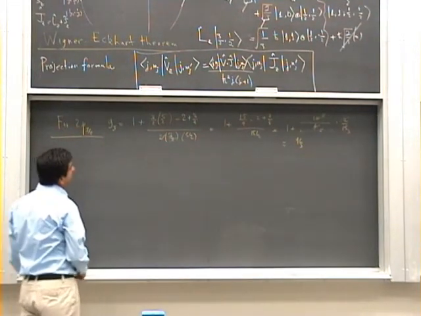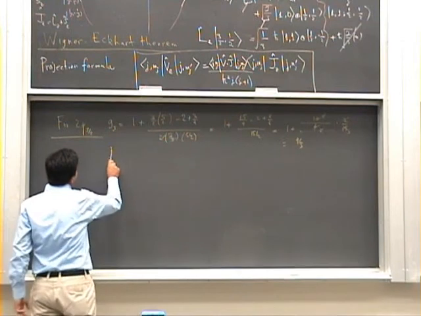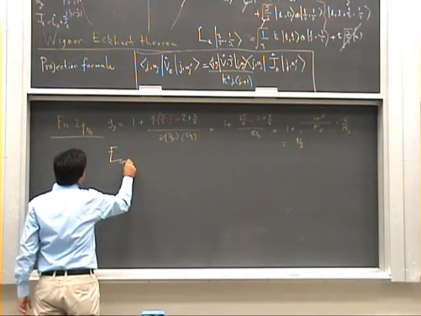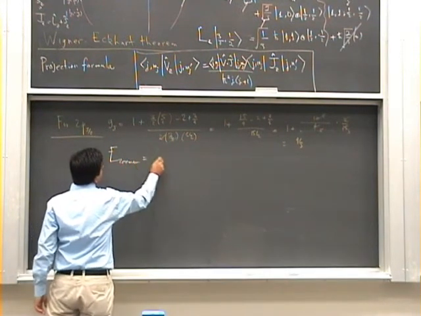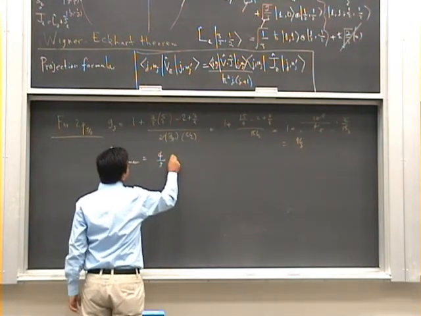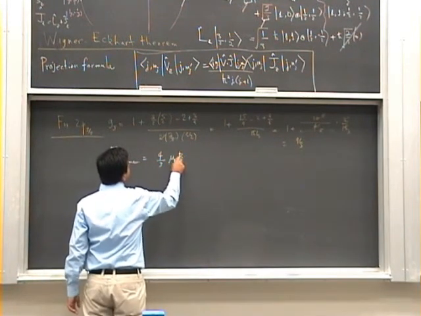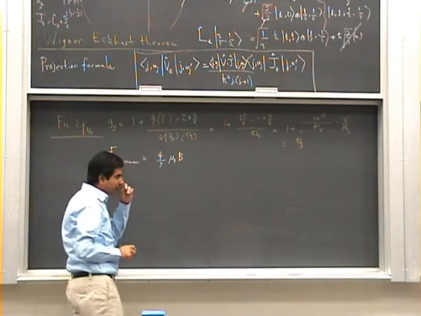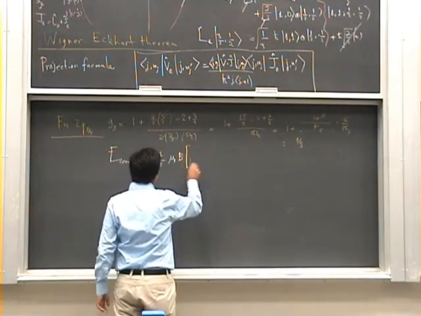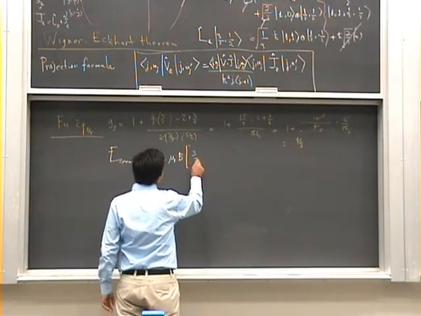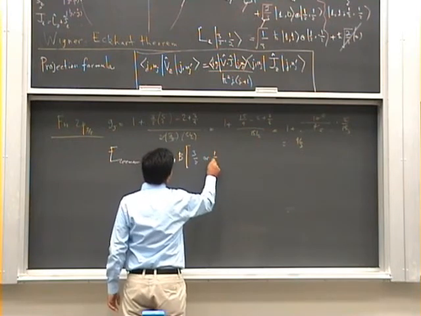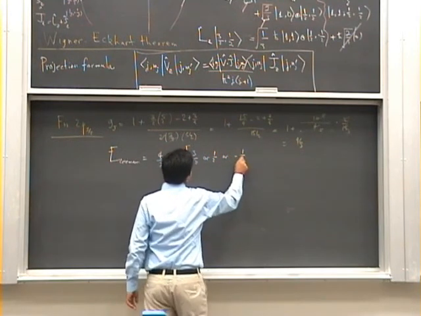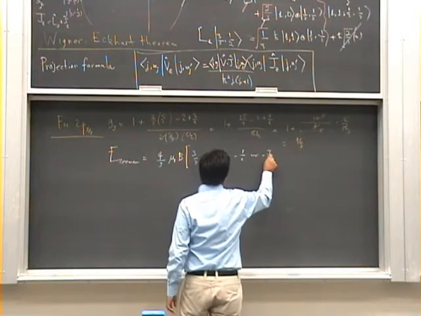So now the Zeeman energy splittings are Gj, which is 4/3, mu b B times mj, and mj can take 4 possible values: 3/2, half, minus half, or minus 3/2.